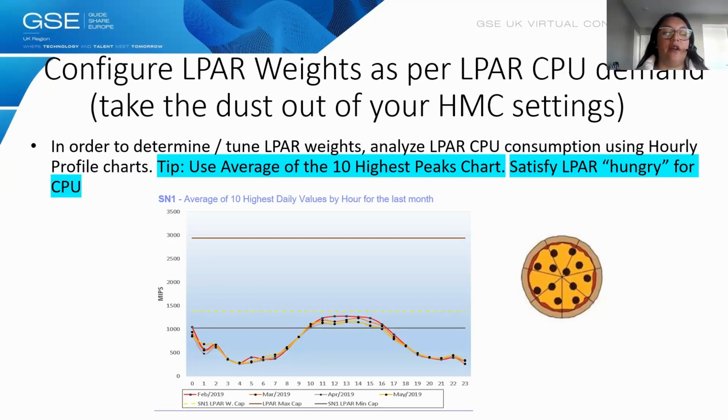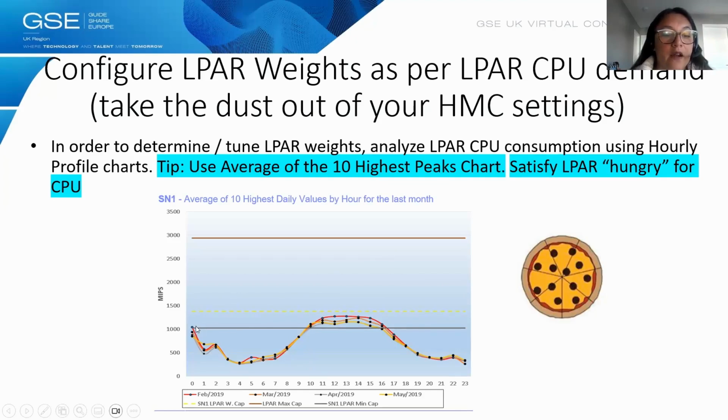Imagine that your LPAR or your system, as the years go by, starts to consume more than before, for business purposes or for whatever purposes. So this chart here I use to evaluate if the weights are good enough or if I need to adjust them, okay? Basically, this is an hourly profile from hour 0 up to hour 23.